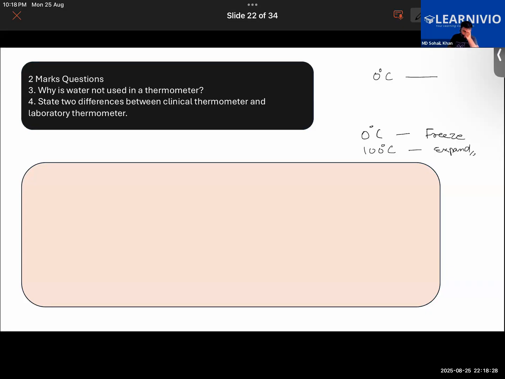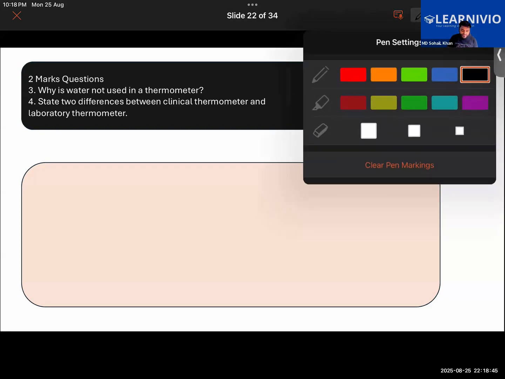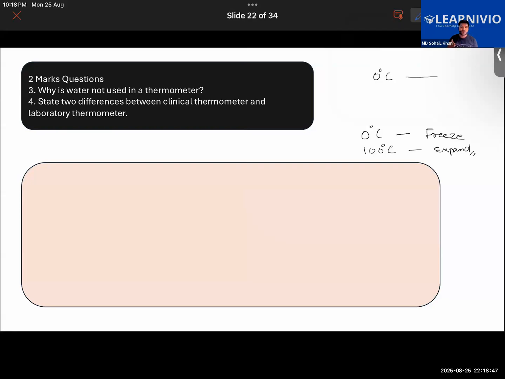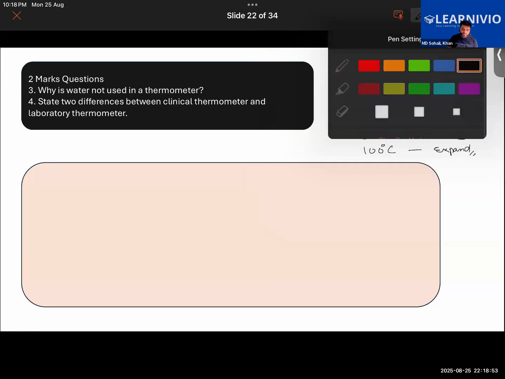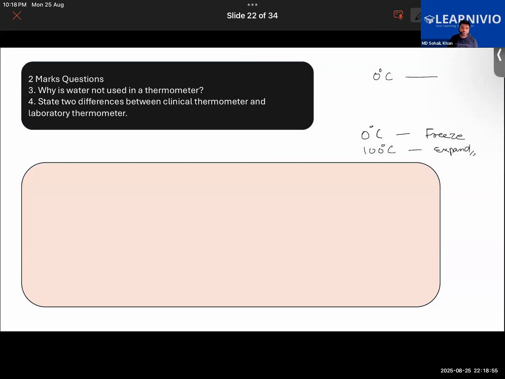The thing is that only some metals are used in thermometers, particularly metals that exist in the liquid state at room temperature, and that is mercury. One important thing about mercury is that it expands in a uniform manner. Now, what does uniform expansion mean? It means that from 4 degrees Celsius, it will increase by the same amount as it did from 0 to 4.